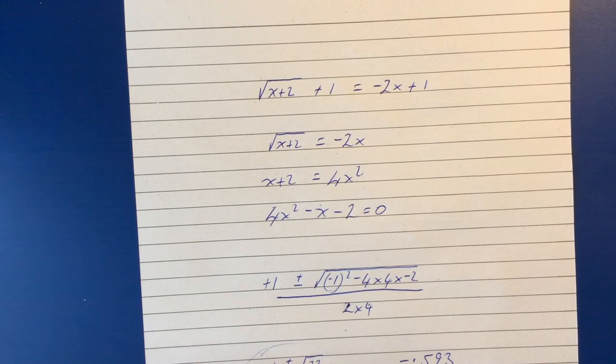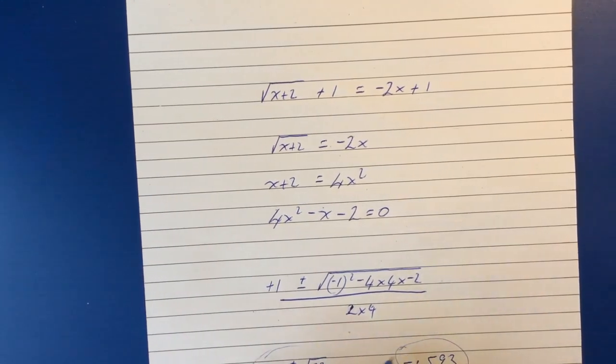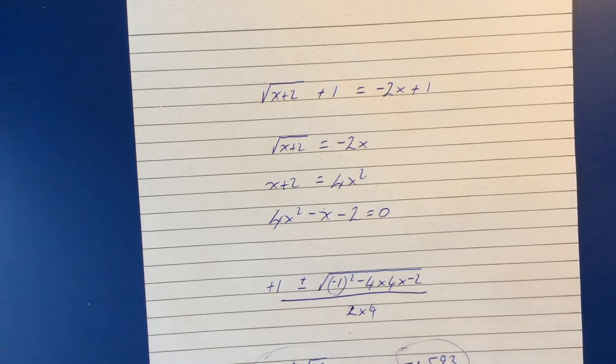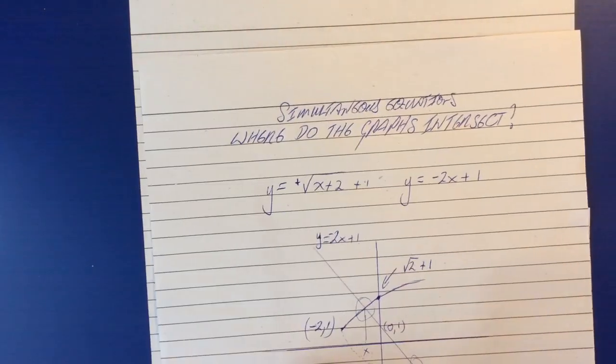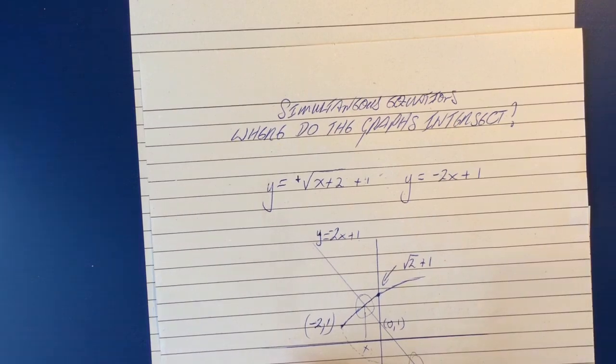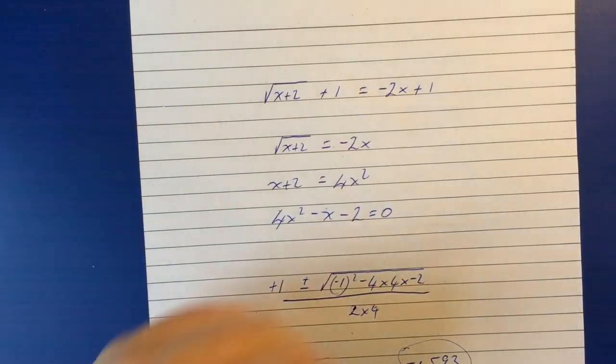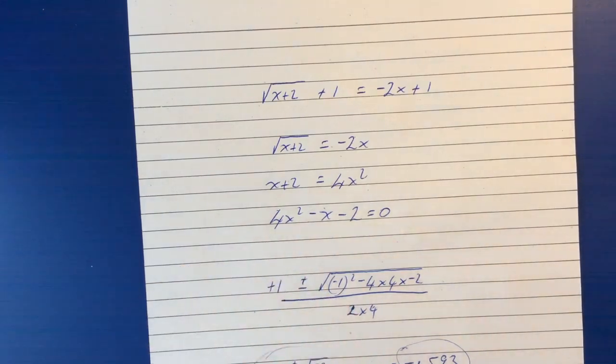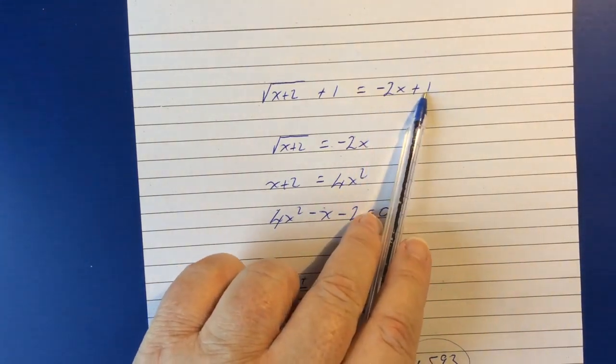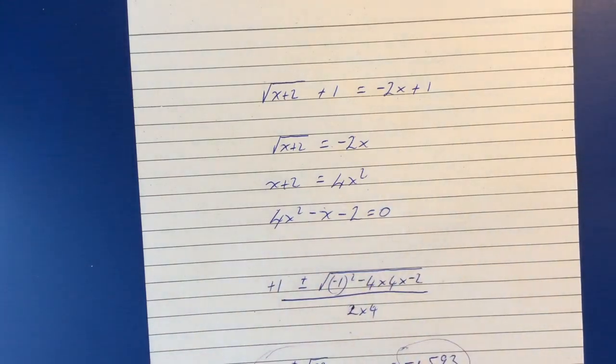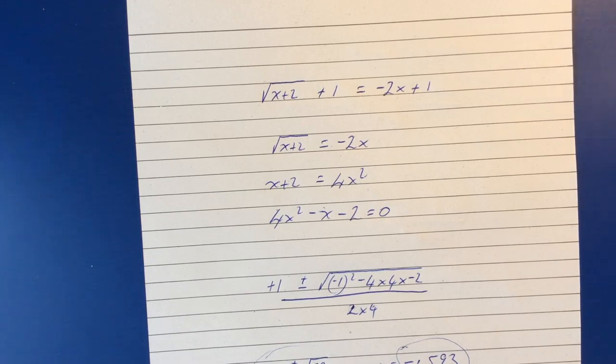1 minus the square root of 33 over 8. So if I put that in the calculator, the number that I got for that was negative 0.593. Now that tallies with my artist's impression of what to expect there. So when I sub it into negative 2x plus 1, which is the easy expression to sub it into, what I get is y equals 2.186.